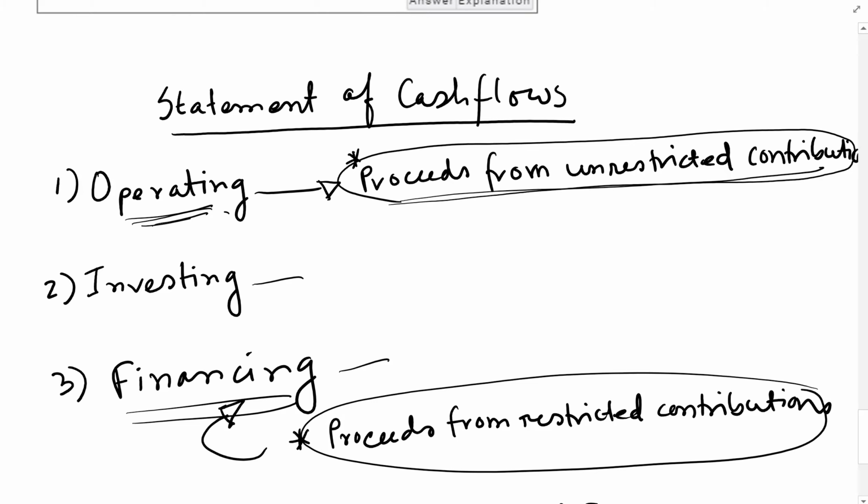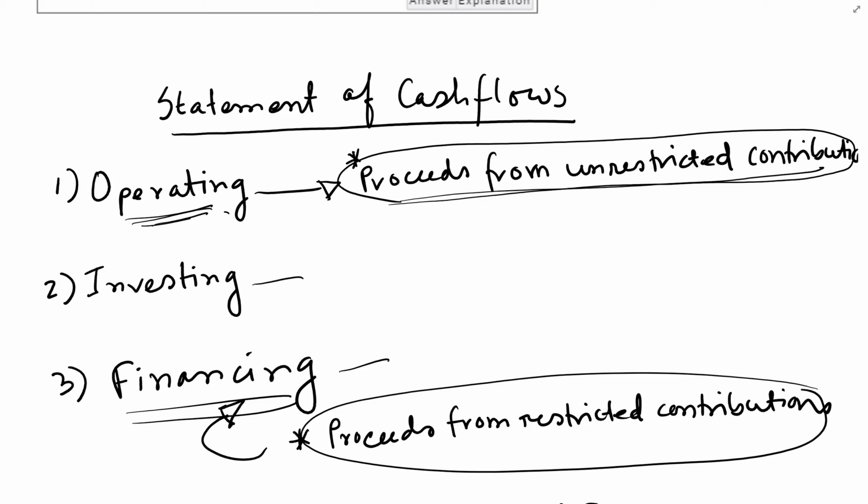So basically here, for not-for-profit organizations, you have to remember that you can classify financing activities into two categories. One category is the regular type of financing activities, such as payments, borrowing, or any type of activity that helps you to finance the organization.